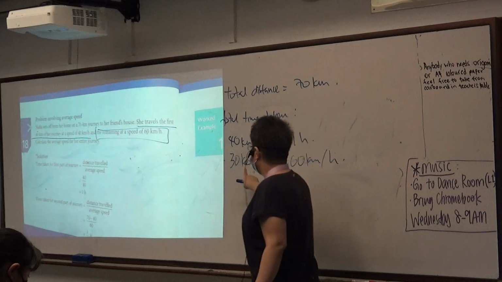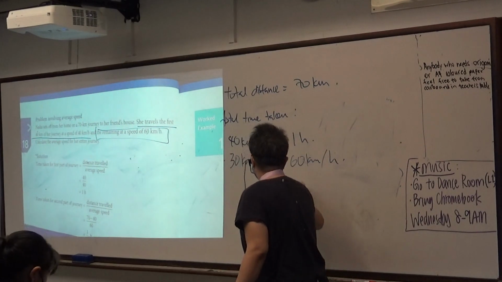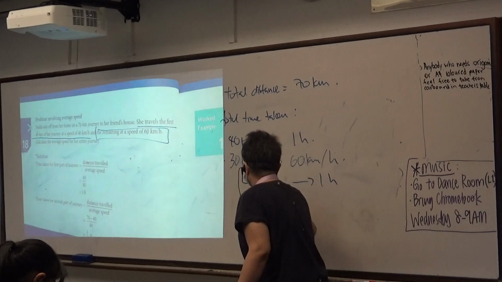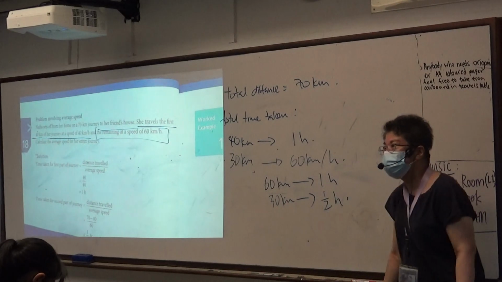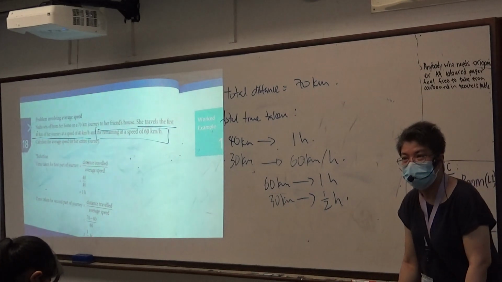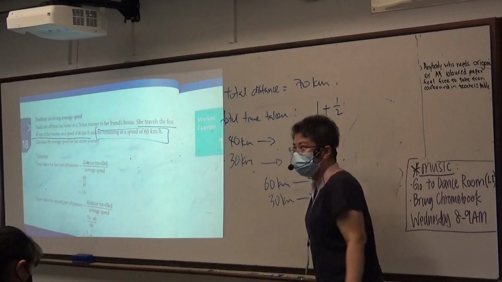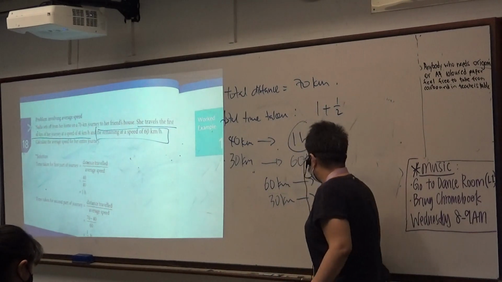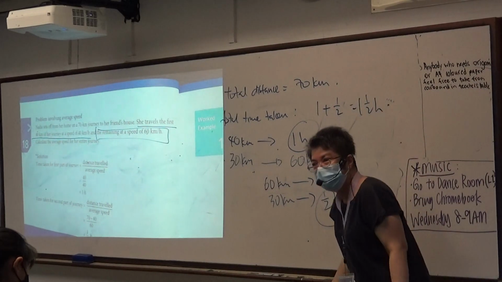Okay? Now, do you agree that 60 kilometers per hour means 60 kilometers take 1 hour. How about 30 kilometers? It will take half an hour, right? Do you all agree? So what's the total time taken? 1 plus half, right? So this will be 1.5 hours. Correct?